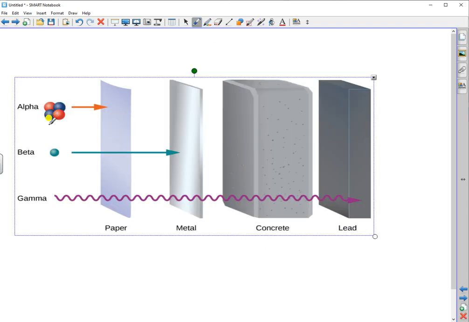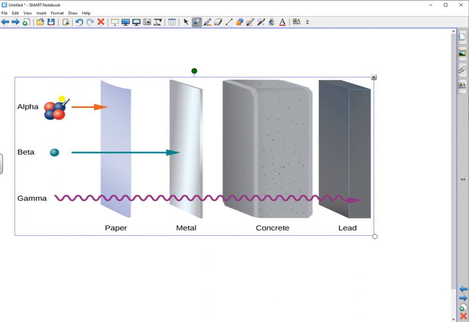So if we think about alpha, beta, and gamma. If we put a piece of paper in the way of alpha, let's think about this on an atomic level, what's actually happening. Because this alpha particle with its 2 positive charges and its enormous mass is colliding with paper. Now I know we think of paper as being thin, but actually the paper on an atomic level is trillions and trillions and trillions of atoms thick.